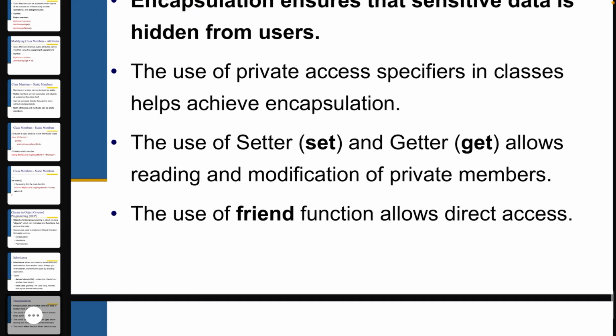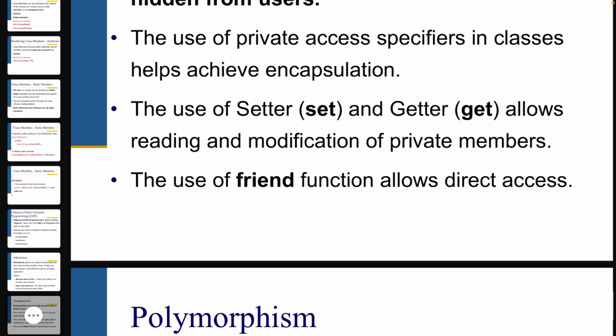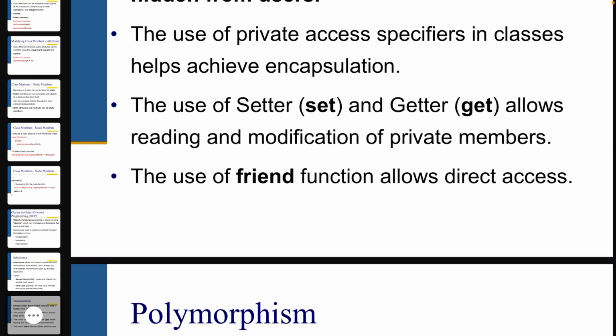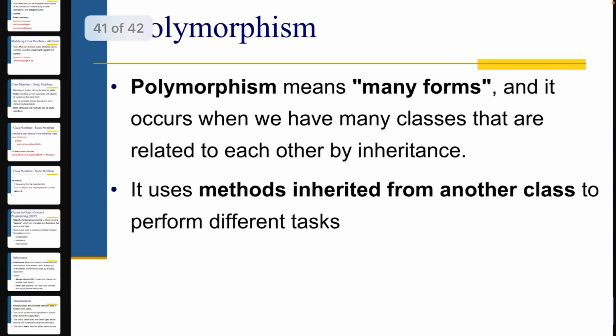The use of set and get allows reading and modification of private members. The use of friend functions allows direct access.